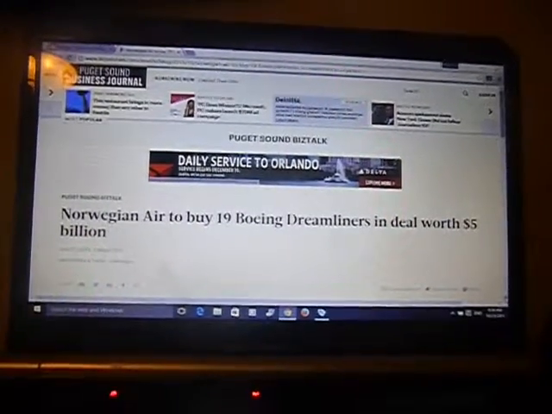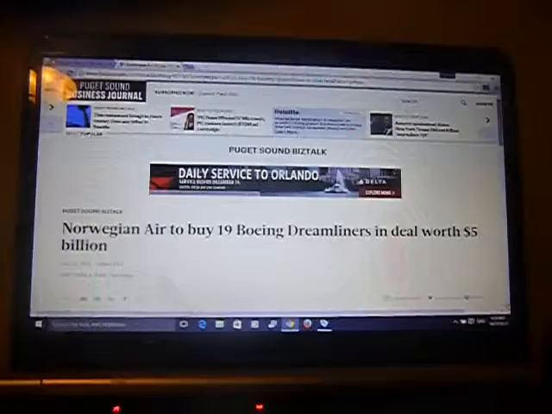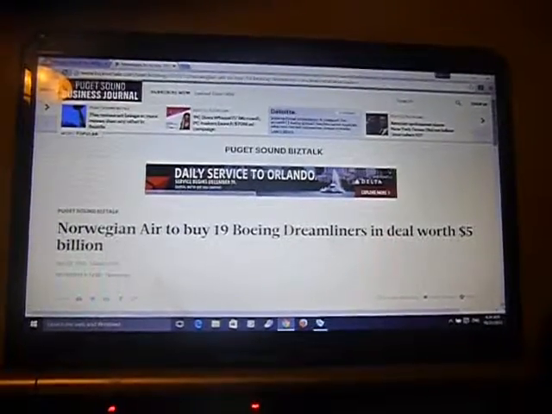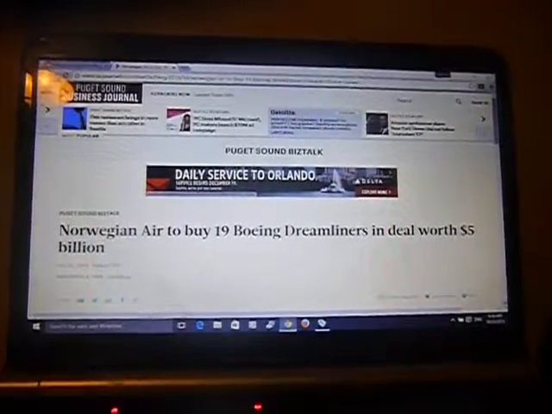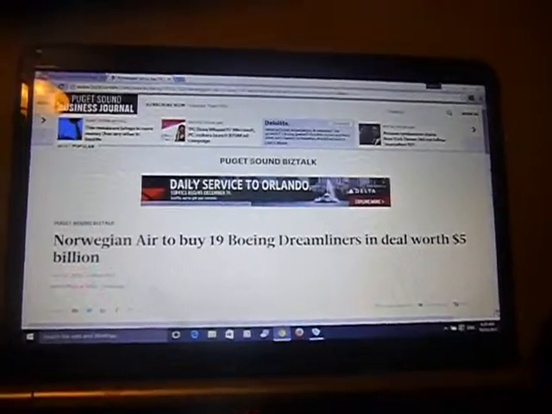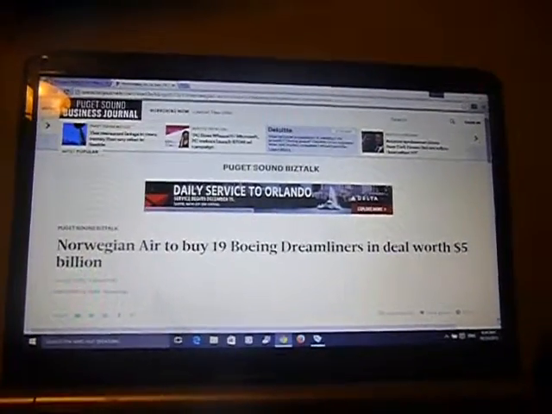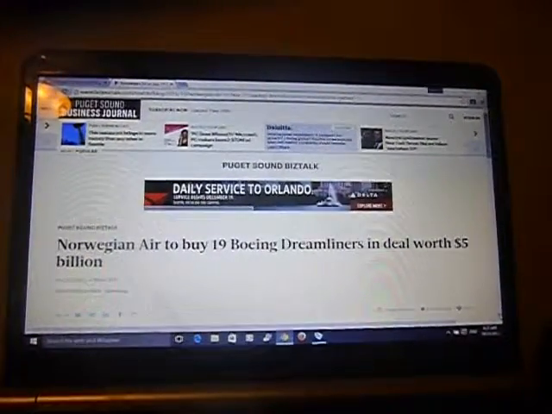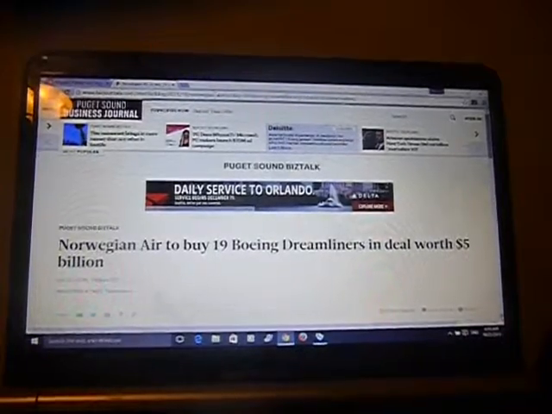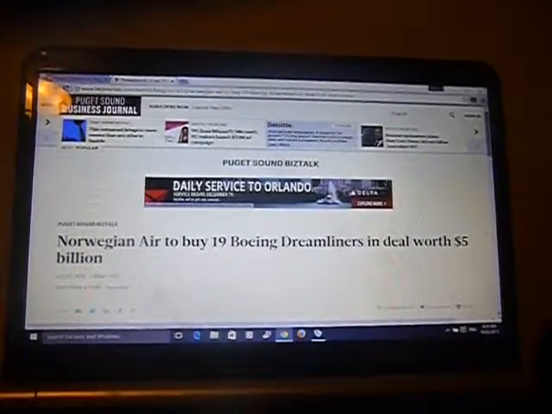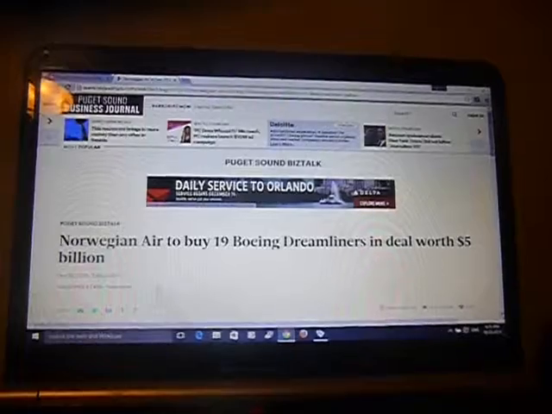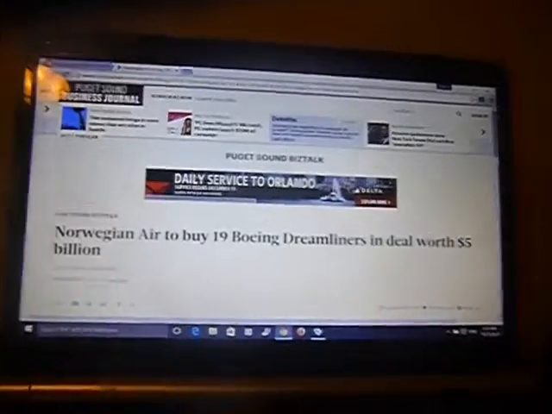Norway is one of the most advanced countries in the world, but they don't have that tradition in manufacturing airplanes. And this is why Norwegian Air is willing to spend $5 billion to buy the best airplanes in the world, right?